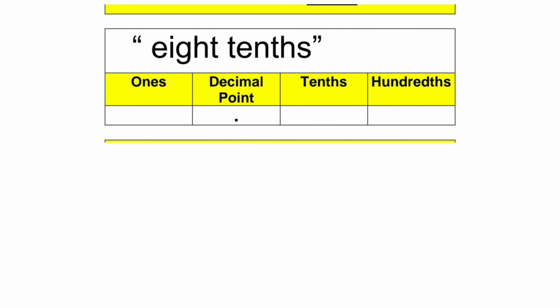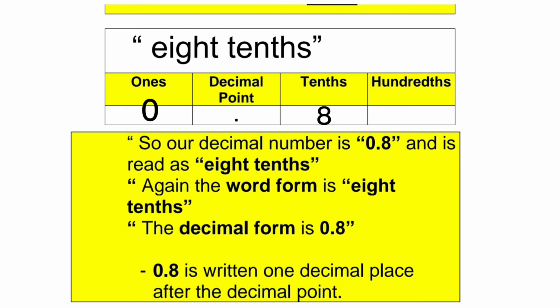Okay, Annalyn, what's your answer? Okay, in the tenths, you are correct. Since there is no placeholder, we will use 0 as a placeholder. Where are we going to put the 0? Okay, correct, class, in the ones. So our decimal number is 0.8.